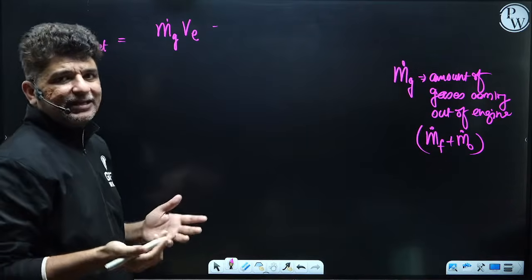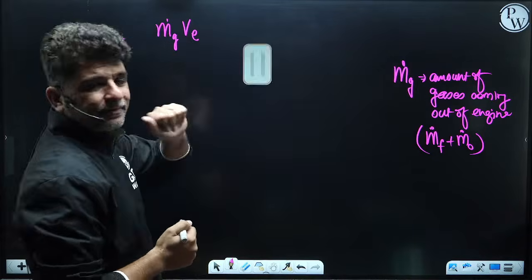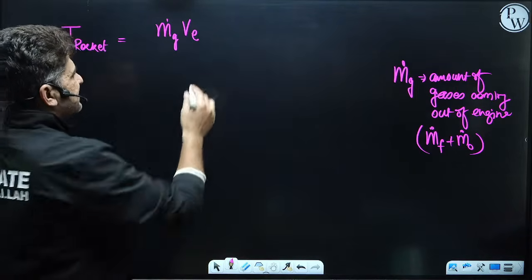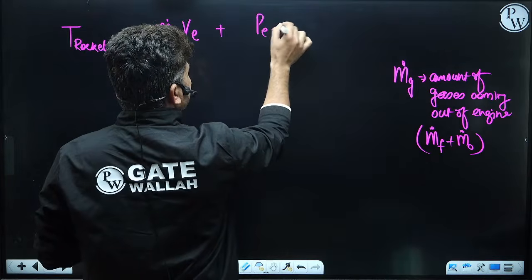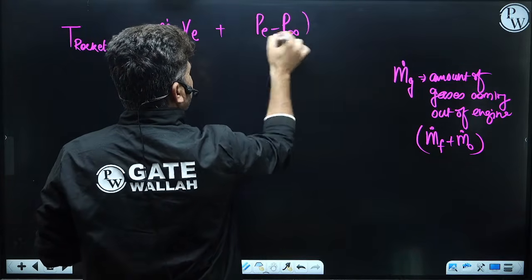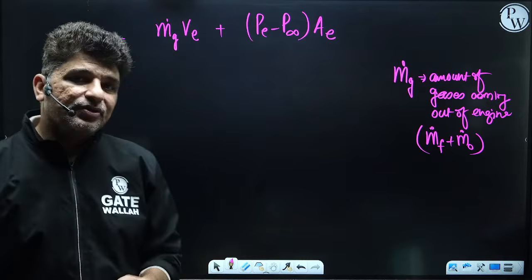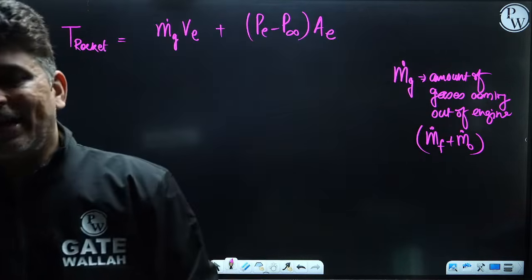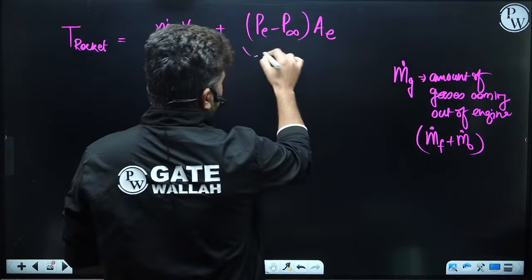Now the second term, that is mass flow rate of air multiplied by V infinity, will not be there. So this will be the thrust, plus here you have (P exit minus P infinity) multiplied by area exit. This component will also be there, and it varies significantly.